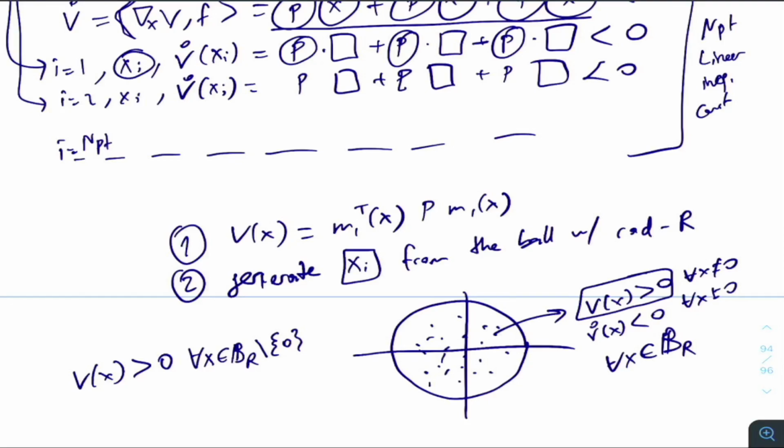However, we cannot guarantee it for all x not equal 0, or rather, in R^n excluding 0. This is not the case. This is only local. This condition is only valid inside of this domain. What is the domain? The domain is the ball with radius r.